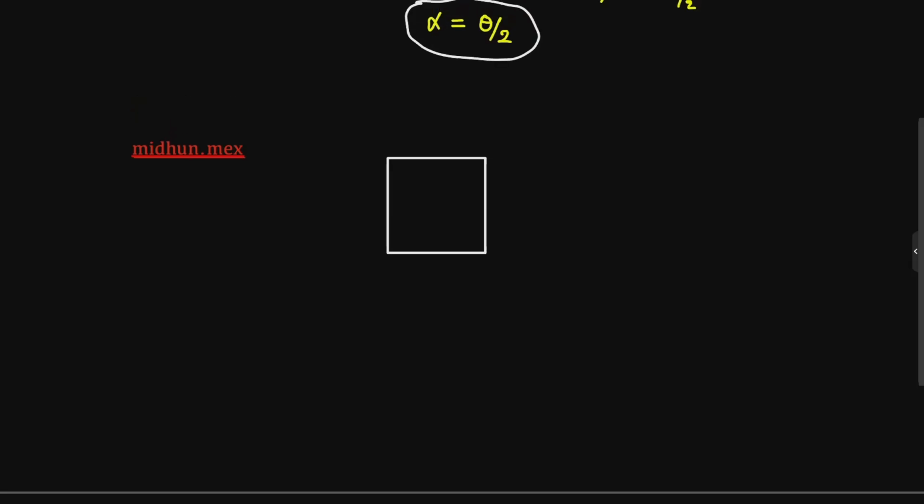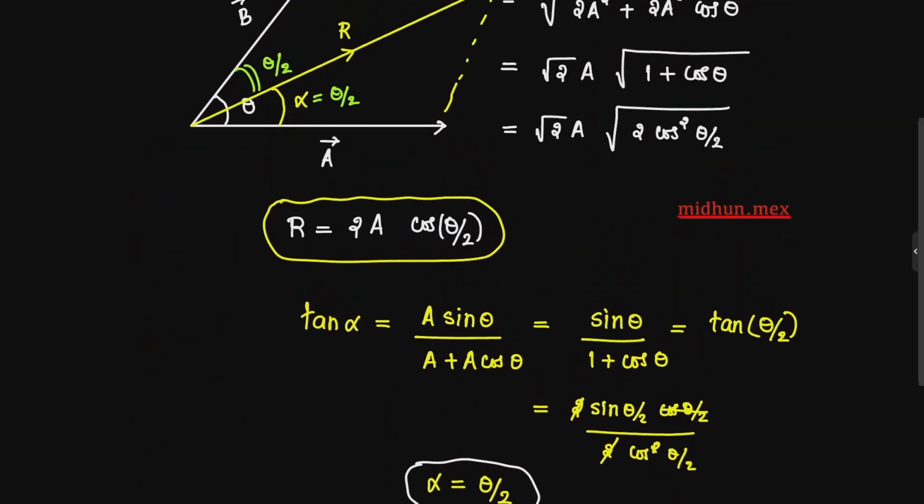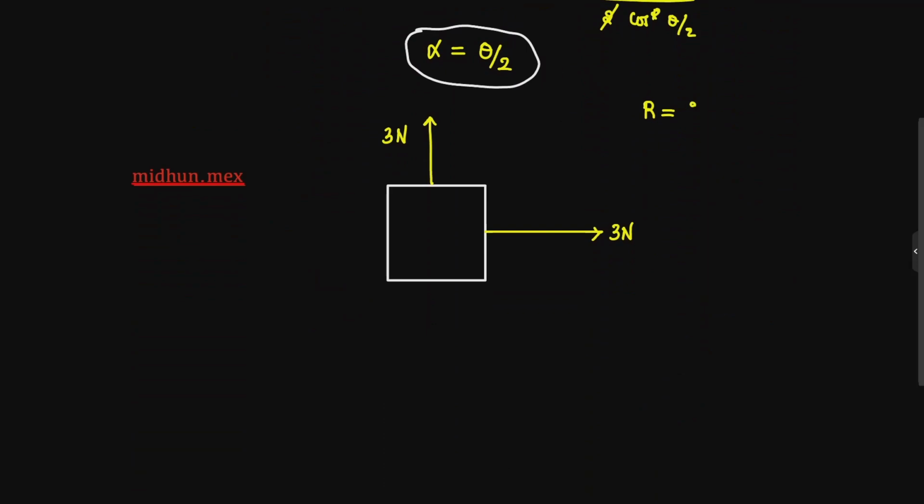One rectangular block is present like this, and I am going to give this time one force is acting like this, that is 3 Newton. Another force is acting like this, that is also 3 Newton. That is the meaning A and B both have same magnitude. If I want to find a resultant, directly I can put on the formula we wrote. What is the formula? 2a cos theta by 2.